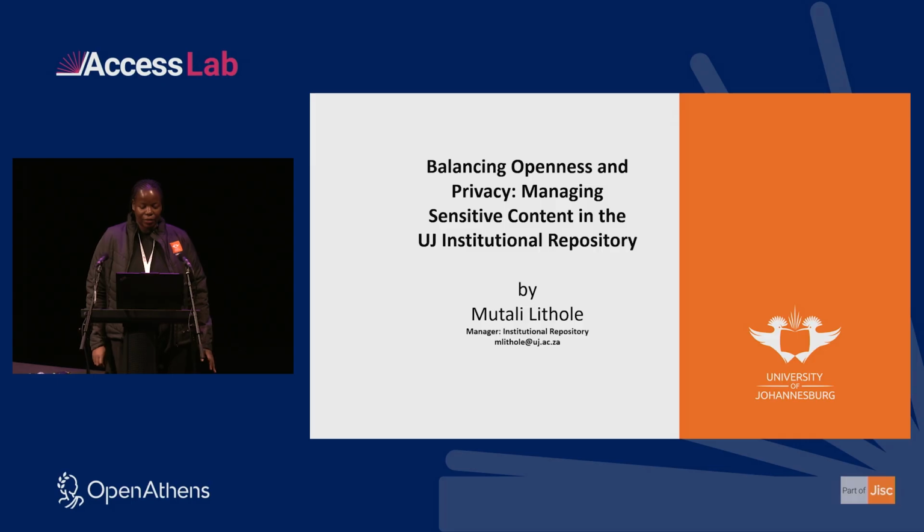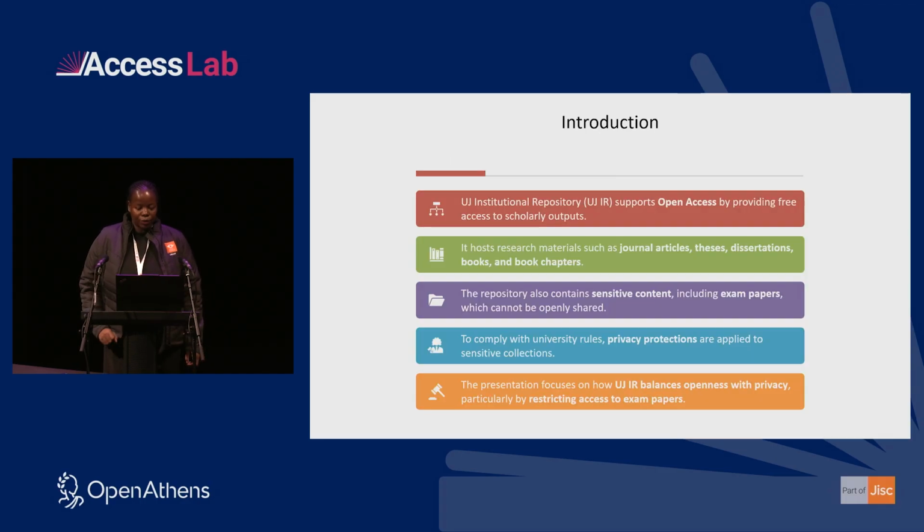Today I'm going to be talking about balancing openness and privacy and managing sensitive content in the UJ institutional repository. For a brief introduction, the University of Johannesburg Institutional Repository is an open access platform that supports all our scholarly affiliated research outputs, which are journal articles, books, book chapters, and theses and dissertations.